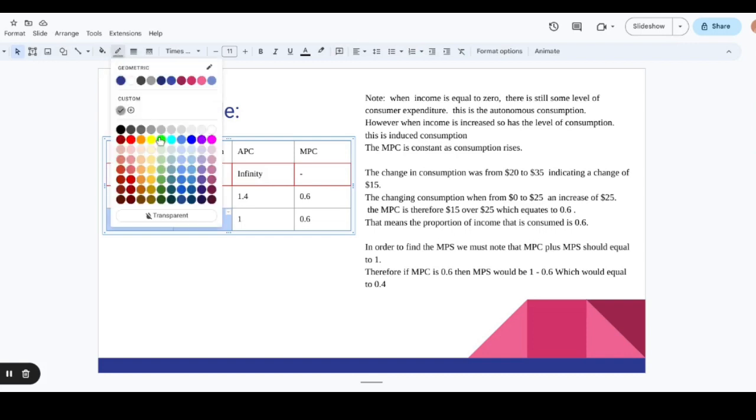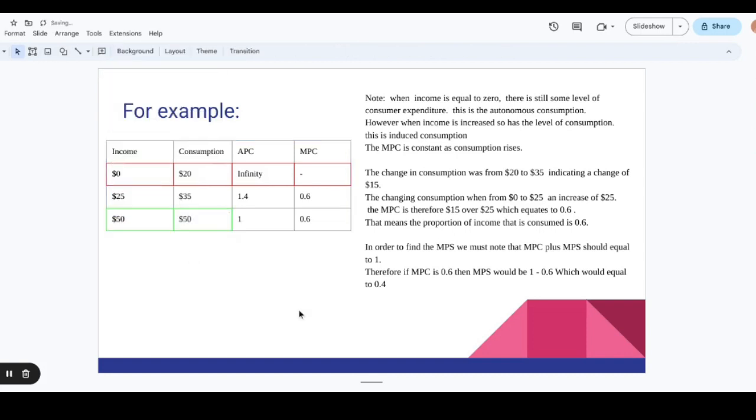So let me highlight it. It would be right there. Consumption will be equal to income because, like I said, you are spending or consuming as much as you are earning till you use up everything. Now, I think I've explained this.